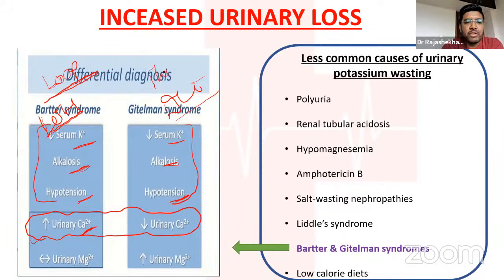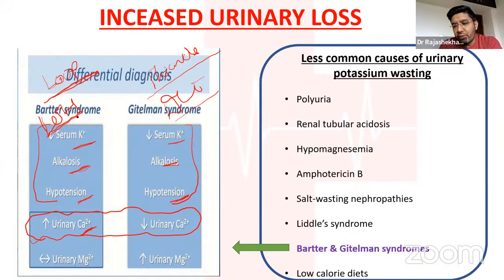Gitelman's behaves like thiazide toxicity, and Bartter's behaves like loop diuretic toxicity. Both are autosomal recessive, both have hypokalemia, volume deficient state, and metabolic alkalosis. The only thing which differentiates is the urinary calcium excretion: hypercalciuria in Bartter's, whereas hypocalciuria in Gitelman's.